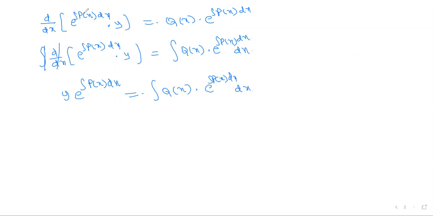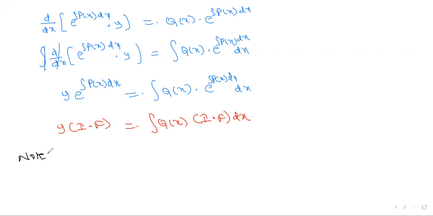We can write this in short form. The integrating factor can be denoted by IF. So the solution can be written as y into IF is equals to integral q of x into IF dx plus c. We are writing a note here.